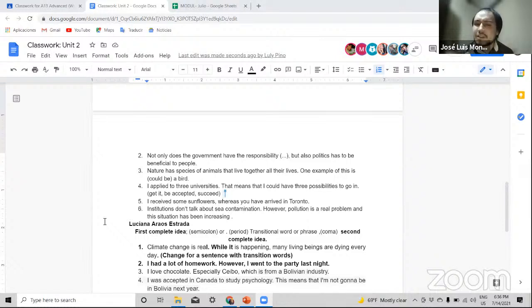If it sounds a little bit weird or you don't see the connection, try to write something different. For example, I received some sunflowers, it's correct, comma, whereas, or semicolon, however, comma, you have arrived in Toronto. I don't see the real connection between those two. Perhaps you can give me extra information to make me understand why the second one is a contrast of the first one, because they seem like very different ideas and they don't seem to be.